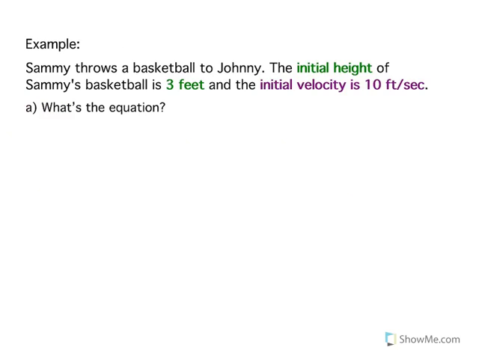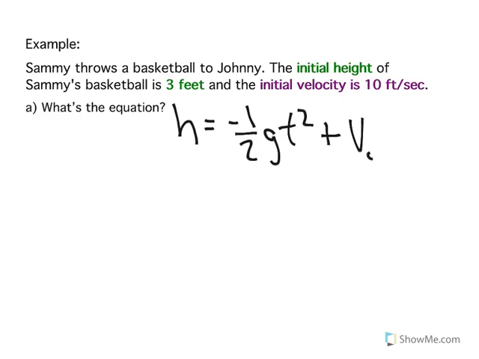So let's look at an example word problem. Sammy throws a basketball to Johnny. The initial height of Sammy's basketball is 3 feet, and the initial velocity is 10 feet per second. What's the equation? The general form for an equation was h equals negative 1/2 gt squared plus v sub 0 t plus h sub 0.